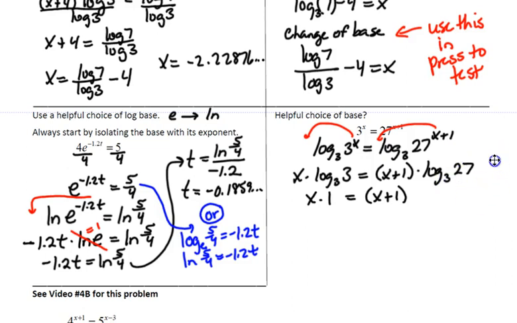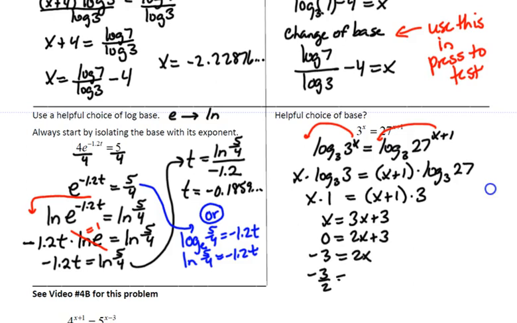That's 3 to the third is 27, so this is just 3. So by using log base 3, I simplified my logs really easily. So I end up with x equals 3x plus 3, or 0 equals 2x plus 3, negative 3 equals 2x. So negative 3/2 equals x.